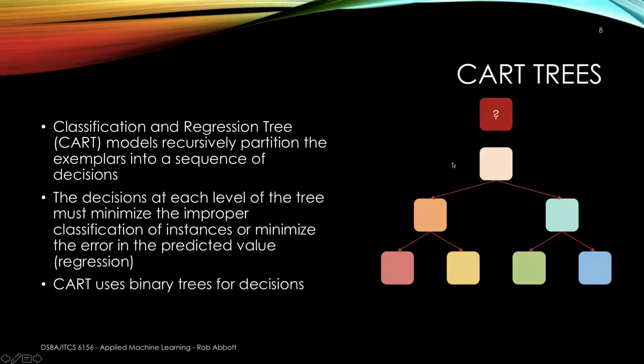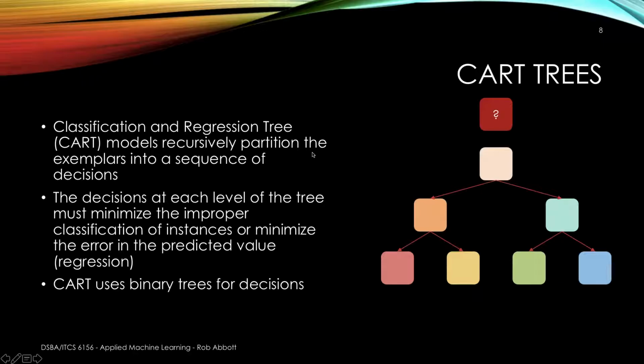So the next thing that we want to talk about are CART trees, because CART trees are a fairly commonly used decision tree algorithm. This is the decision tree algorithm that is implemented in scikit-learn, and it uses a similar recursive partitioning operation to the toy example that we looked at the beginning.